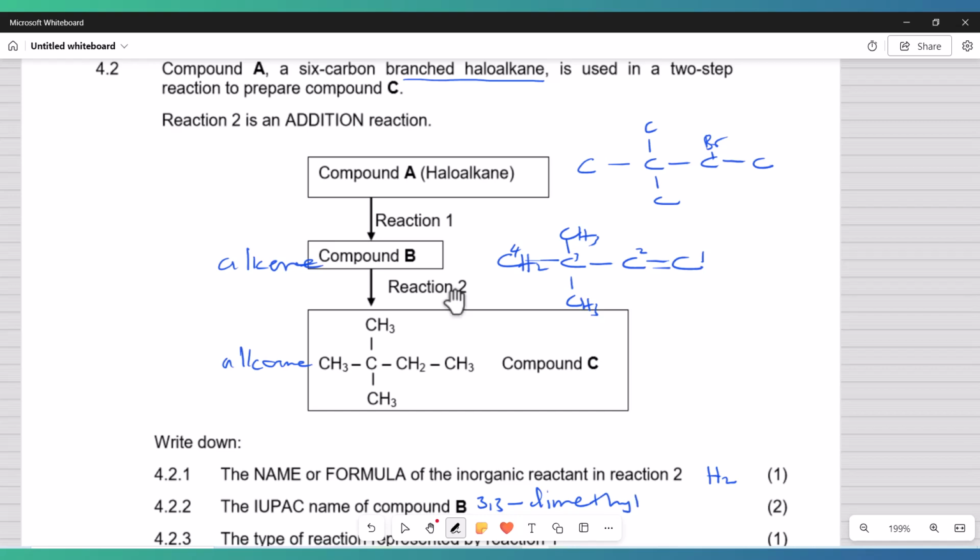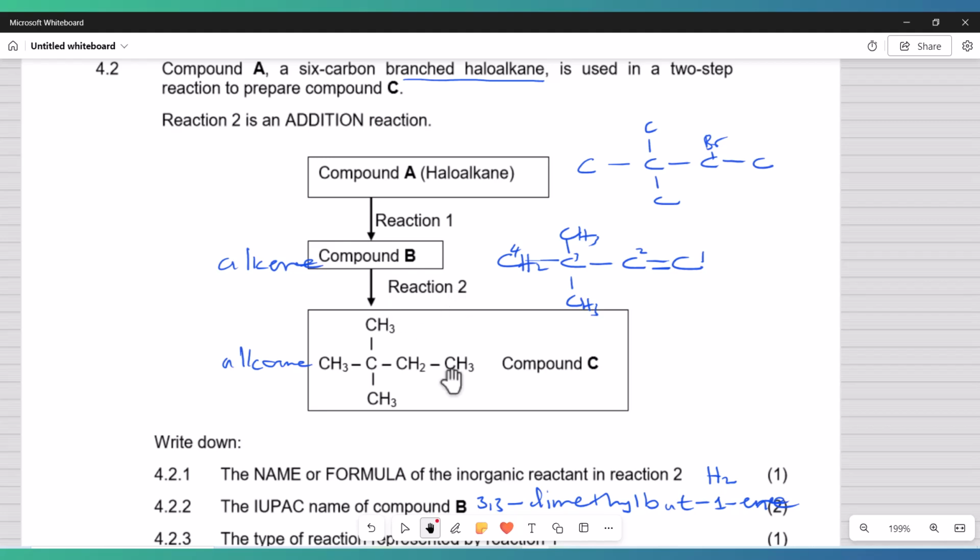Because there are 4 carbons, I'm going to say but-, so dimethylbut-. Now the double bond is on carbon number 1, so I'm going to say 3,3-dimethylbut-1-ene. That's the name there.